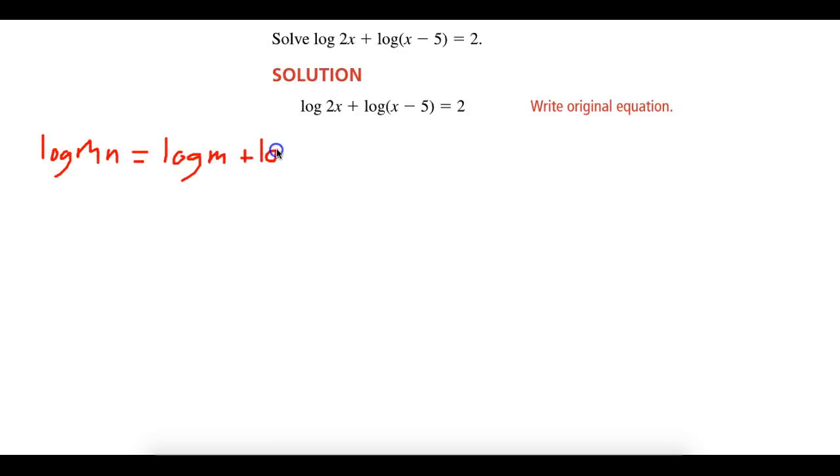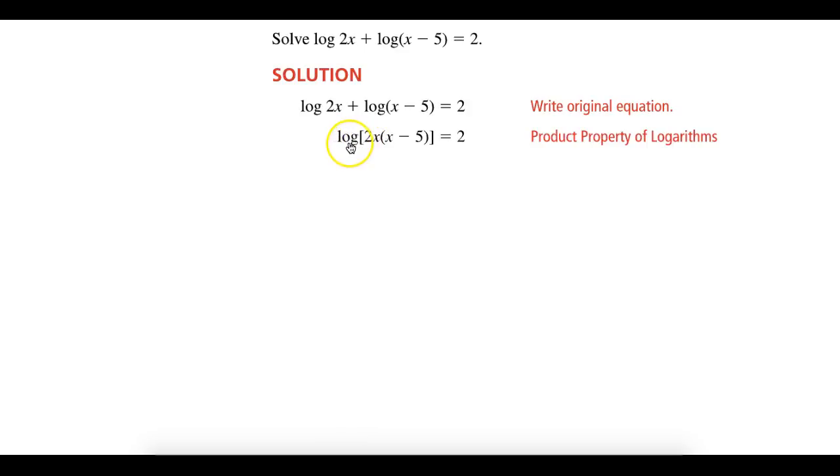So what we're going to do here is, since we are adding two logs of the same base together, remember there's no base right here, so that means it's our common log, so this is log base 10. We're going to take 2x and x minus 5 and have those be our two values that we combine together to make the product of one single log. So when we simplify this, we're going to get the log of 2x times x minus 5.